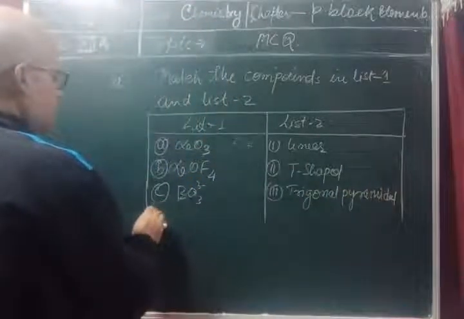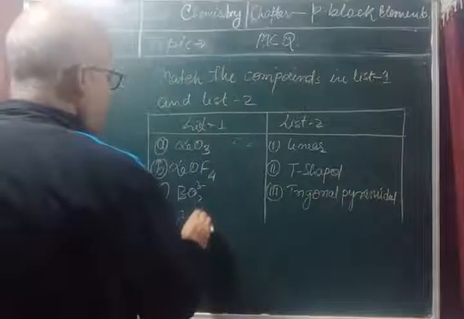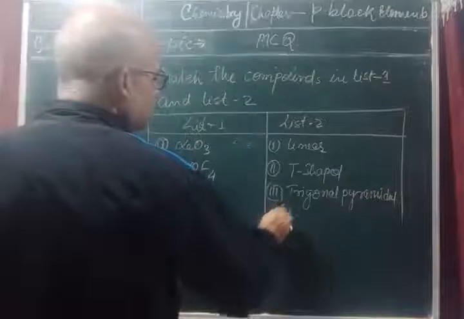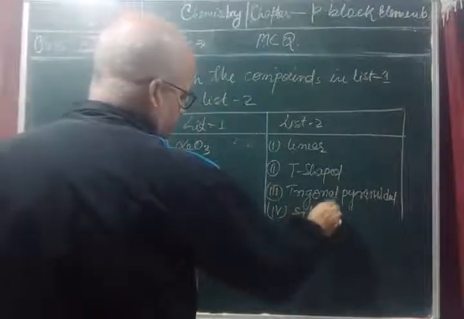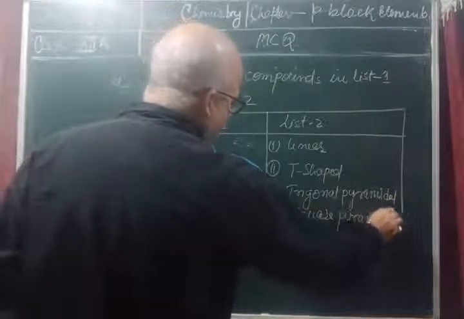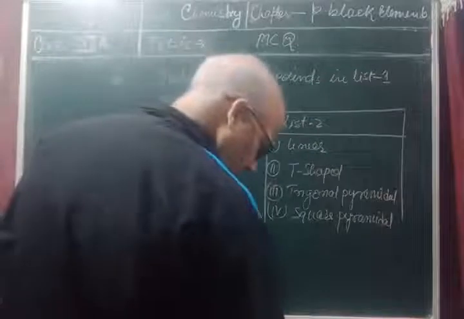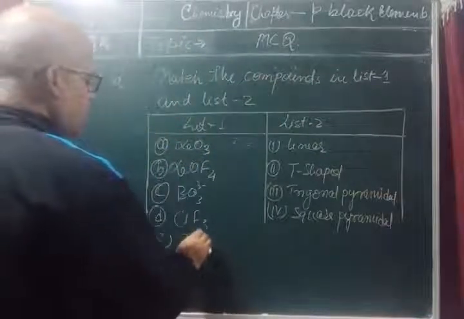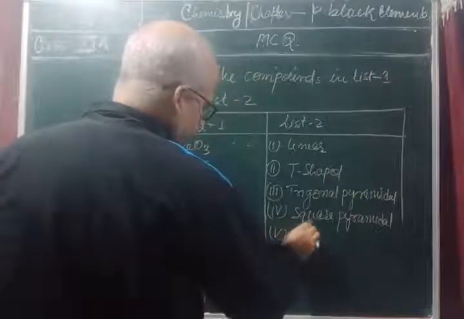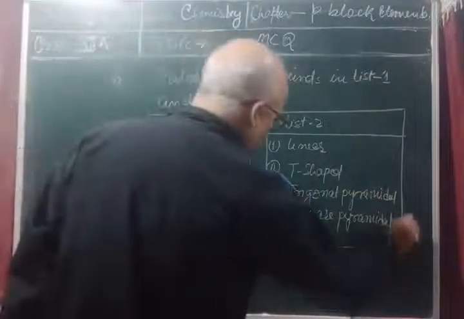D: ClF3, square pyramidal. And E: I3 minus, linear. Okay, these are the boxes.